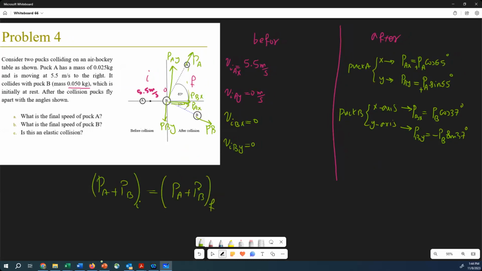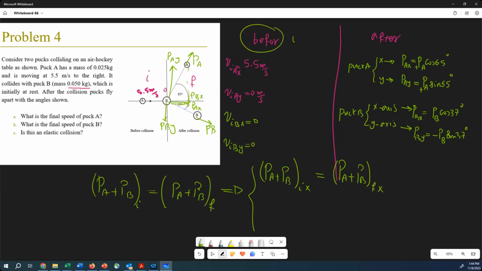And because it's two-dimensional, PA plus PB I in the x-axis should be equal to PA plus PB F in the x-axis.